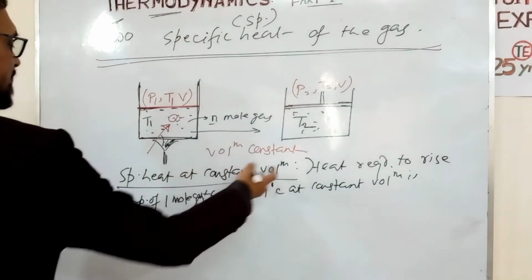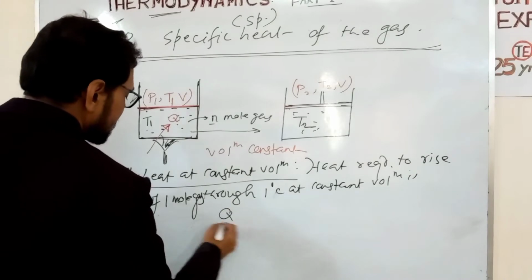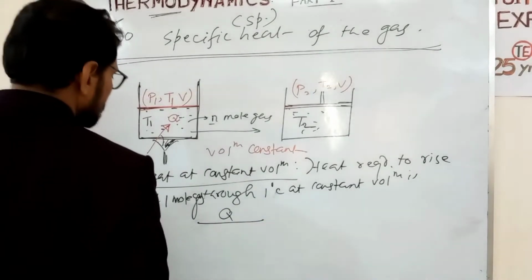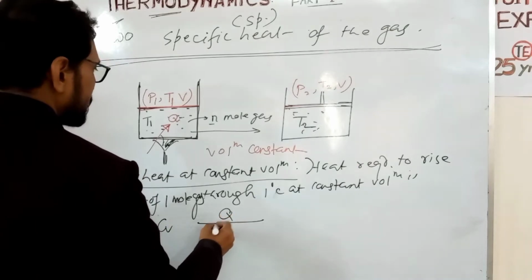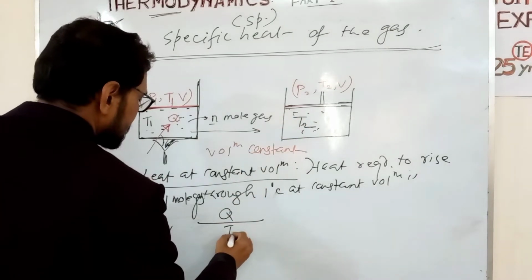So Cv equals Q divided by the temperature rise, T2 minus T1, for 1 mole of gas.